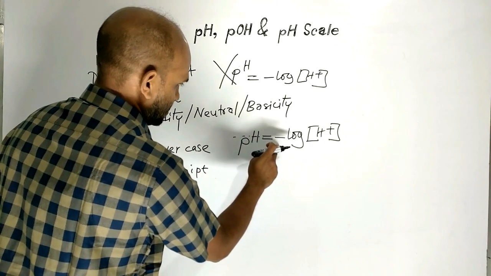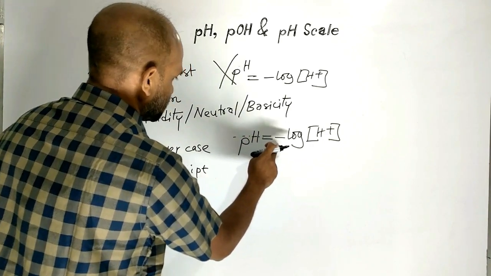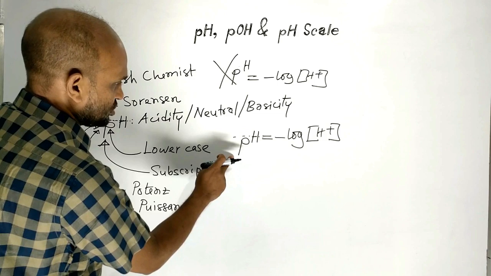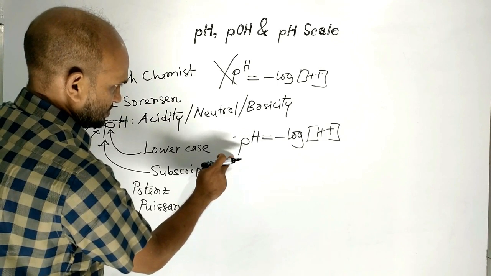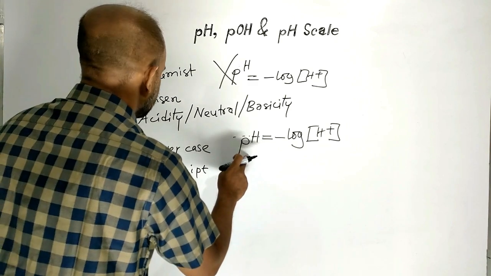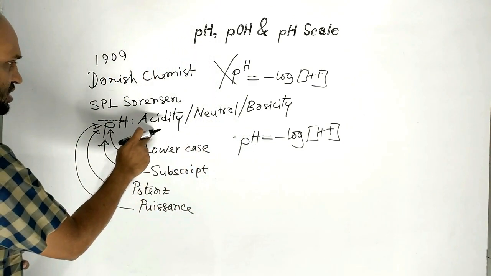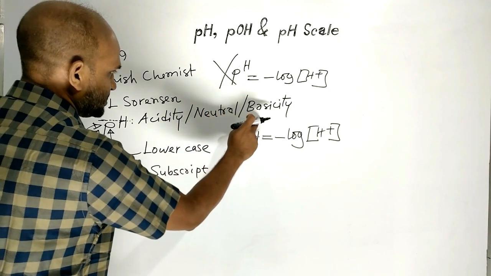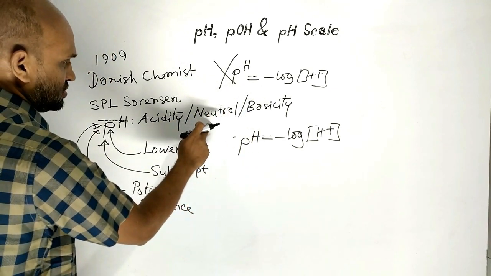With this equation, we can calculate pH of any solution, any substance, and from the values of pH, we can decide whether the solution is acidic, basic or neutral.